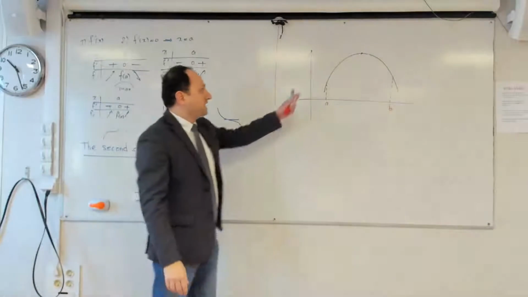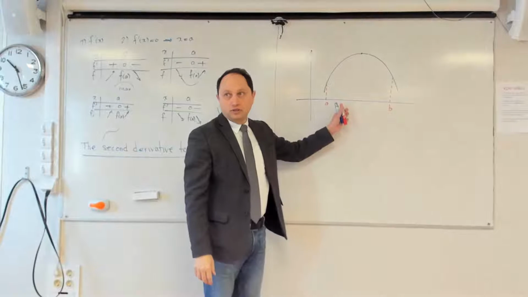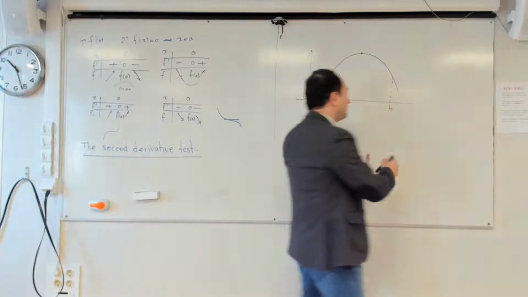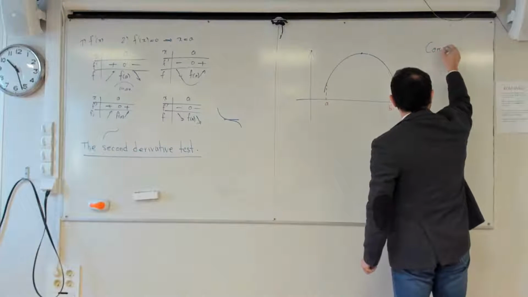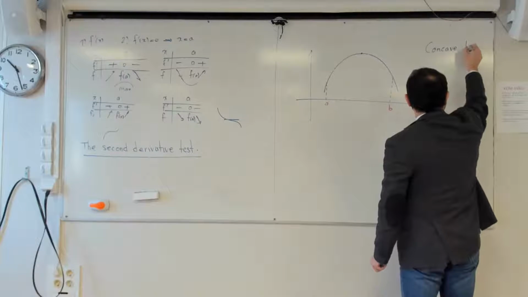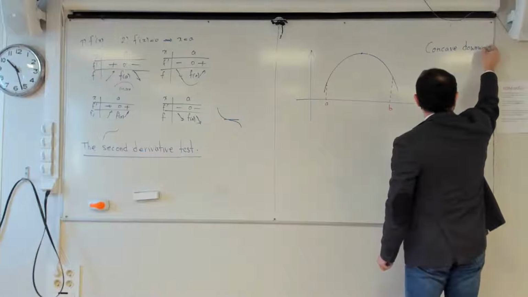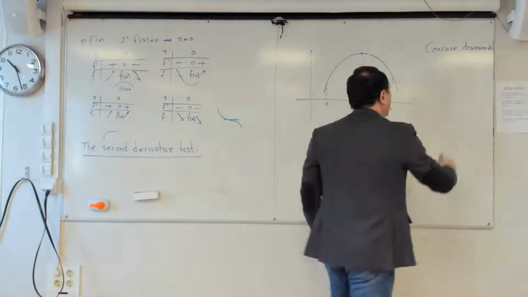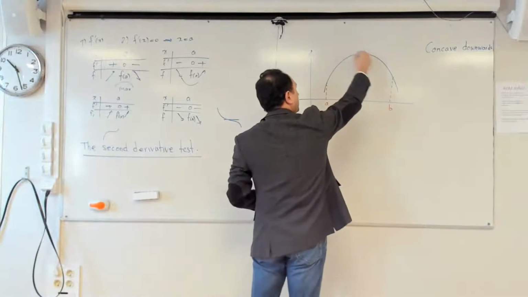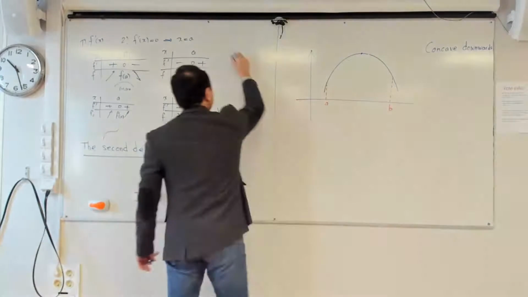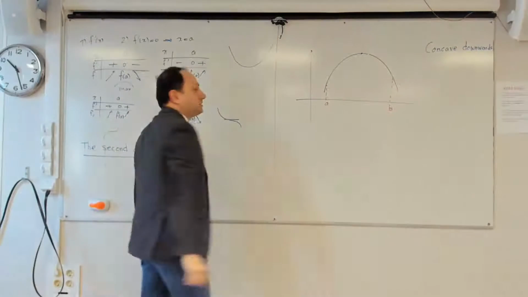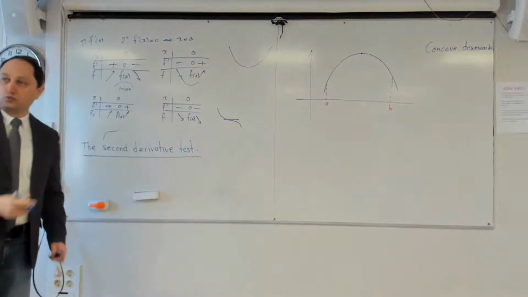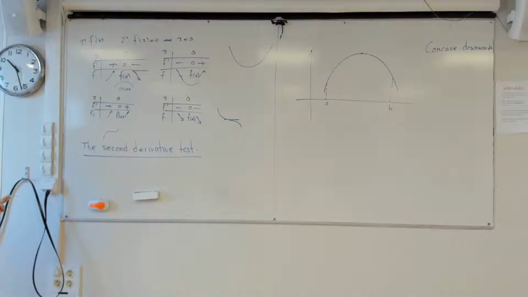So we say it is concave downwards. When I say concave downwards, it means that it is like an upside down bowl. When I say it's concave upward, it means that this is like a normal bowl, yes?